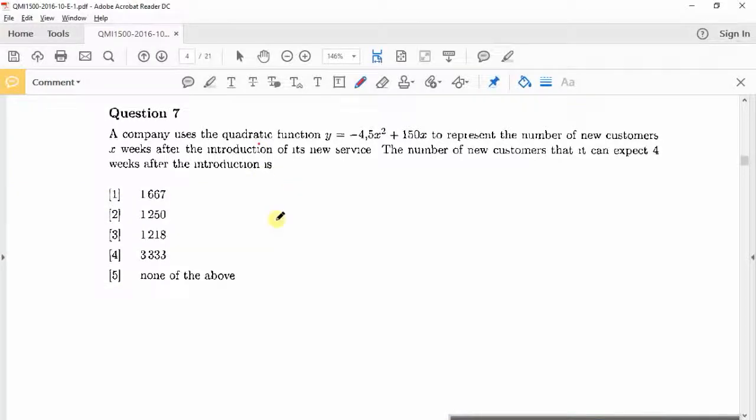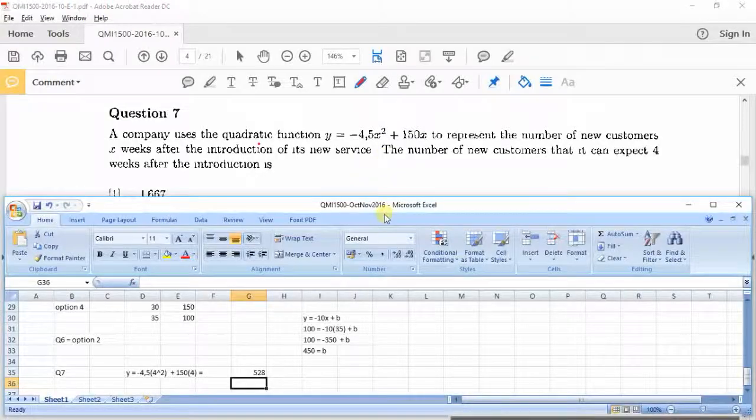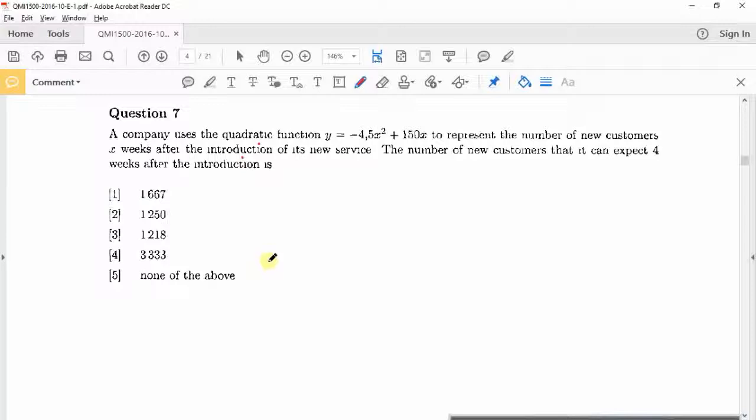That gives an answer, 528. It's not there. Did I substitute correctly? I hope so. Let's check: negative 4.5 times 4 times 4. That should be right. Let's add a bracket here and a bracket there and see if that works out. Still 528, so there must be none of the above. Just work that out, please. Put 4 here and 4 there on the calculator.